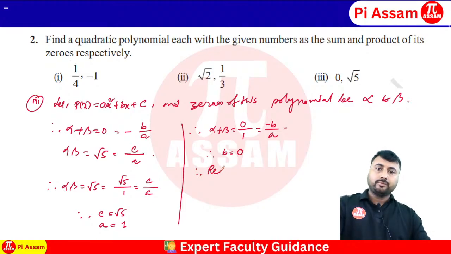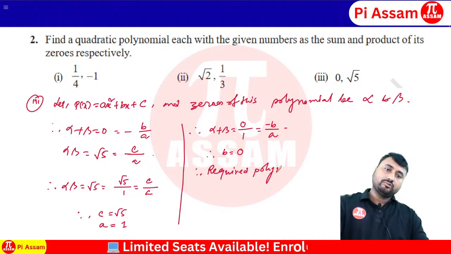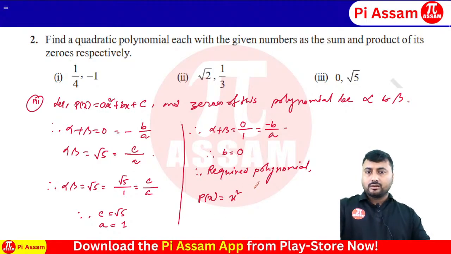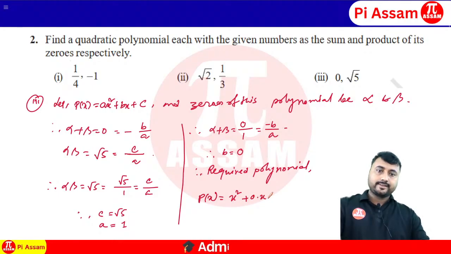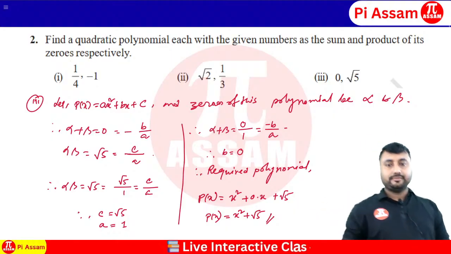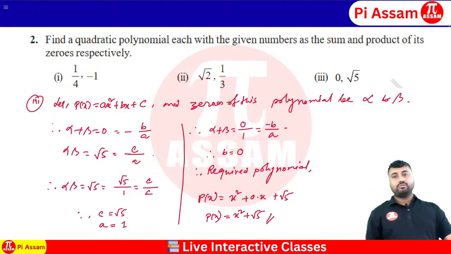Therefore the required polynomial, very easy, p(x) is equal to x squared plus 0 into x plus root 5. So the required polynomial is x squared plus root 5. This is the answer.